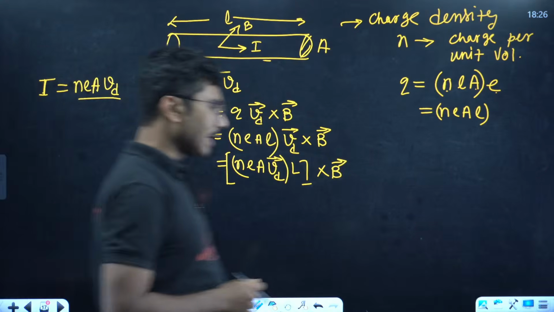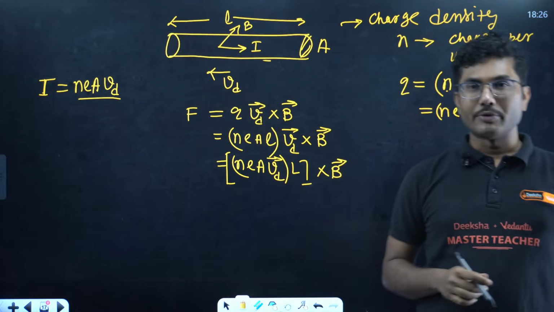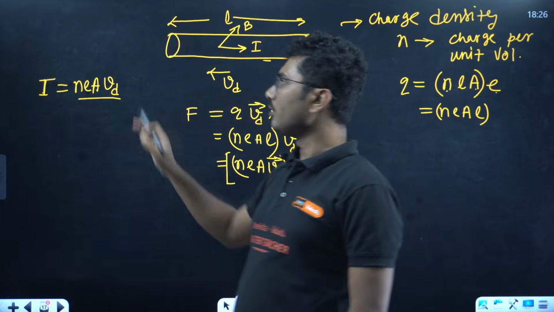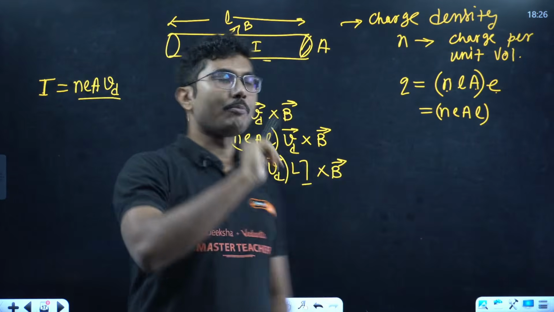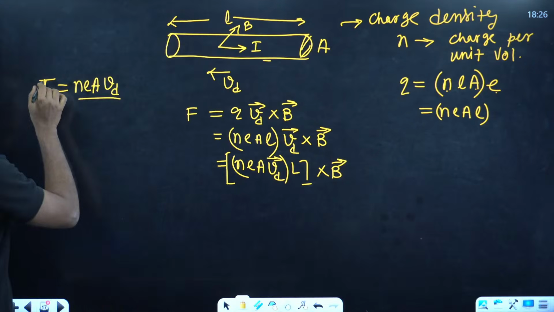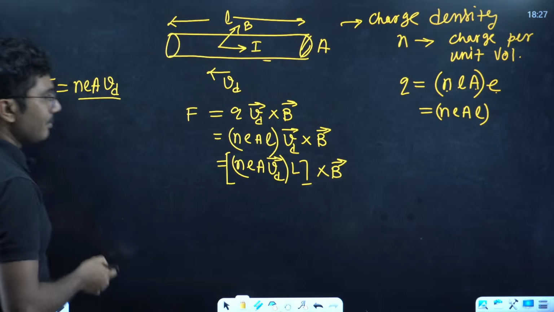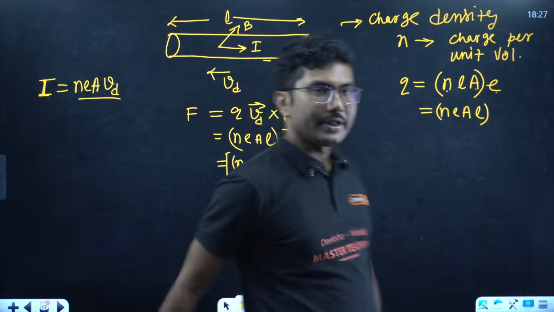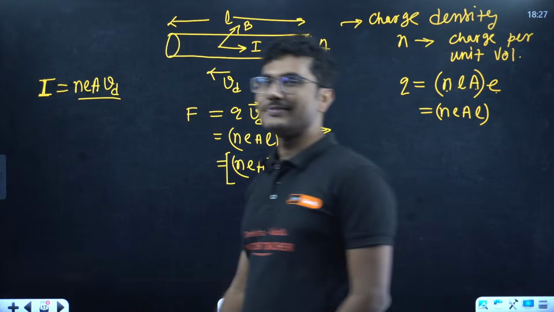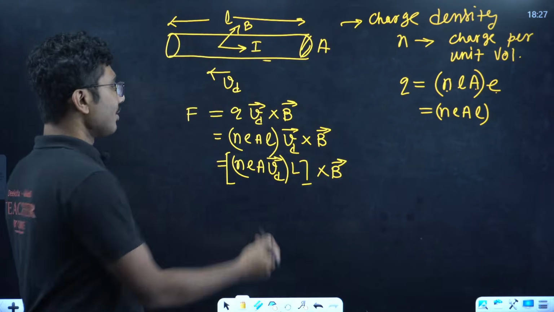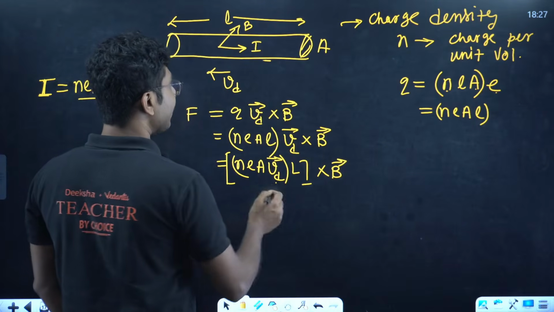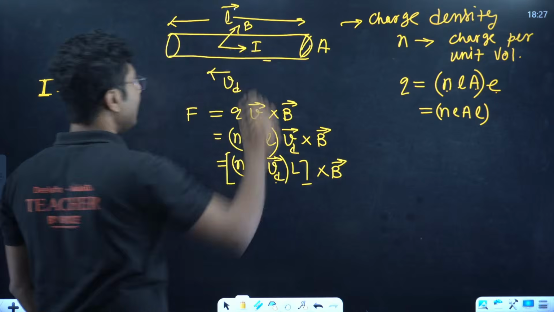In the previous chapter, current electricity, we were discussing that current is given by this formula N E A V D. One important point: current is not a vector quantity, but here the drift velocity is a vector quantity. So how do we adjust this vector? The vector from the drift velocity will be transferred back to the L vector.